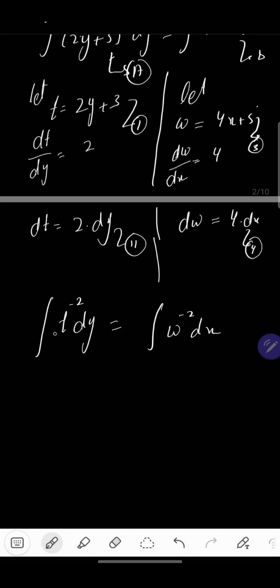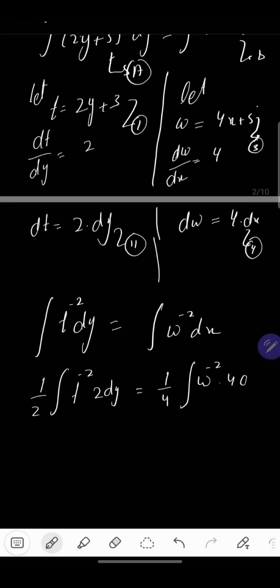I multiply and divide this term by 2, so we get 1 over 2 integral of t to the power minus 2 times 2 dy. And let's multiply and divide the right term by 4, so we get 4 dx.